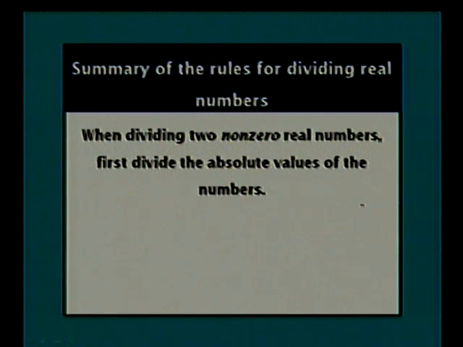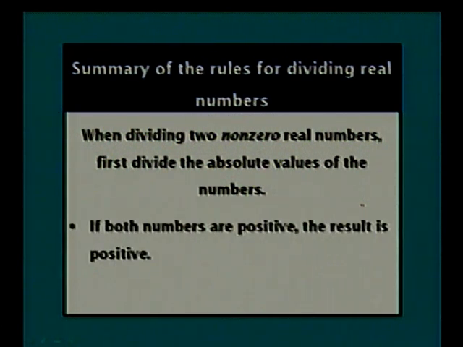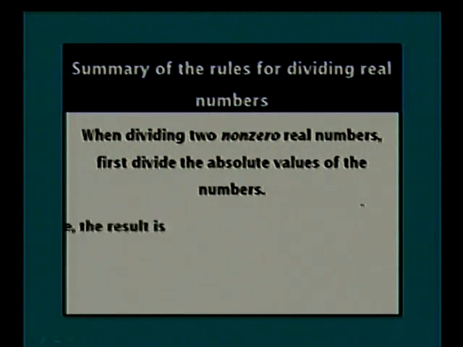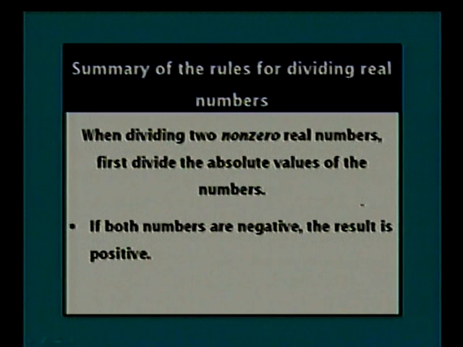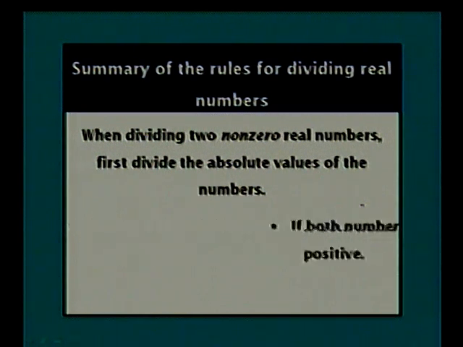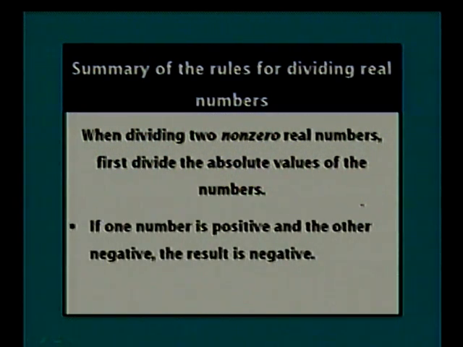This is the arithmetic we're doing in our head. If both numbers are positive, the result is positive. If both numbers are negative, the result is positive. If one number is positive and the other negative, the result is negative.